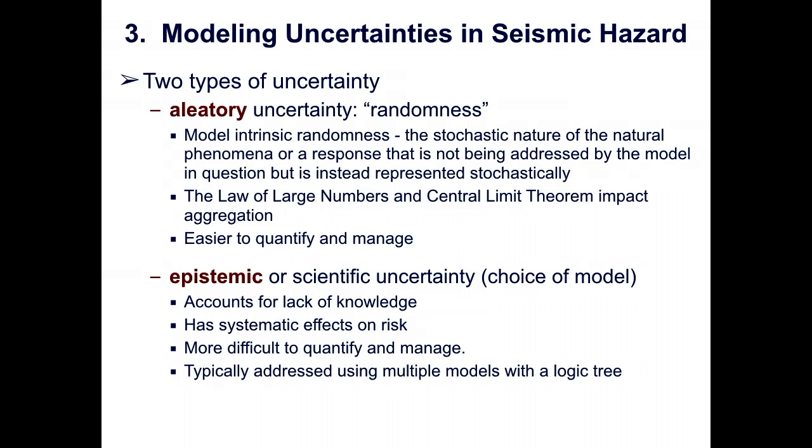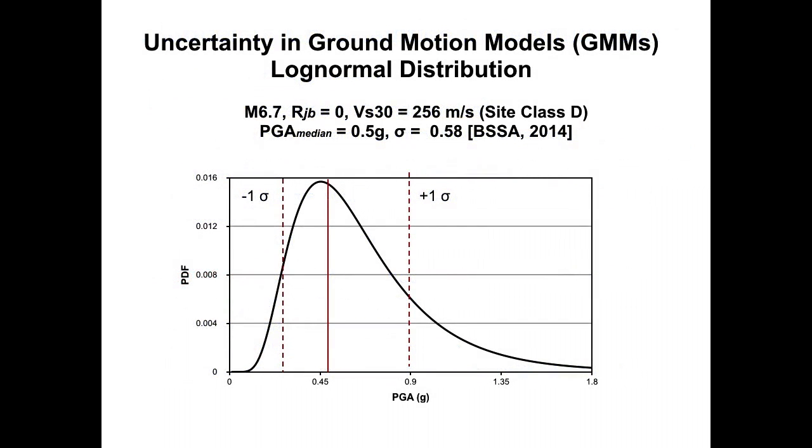So here's an example of a ground shaking uncertainty distribution, a lognormal uncertainty distribution from a ground motion model, and this is the BSSA model.